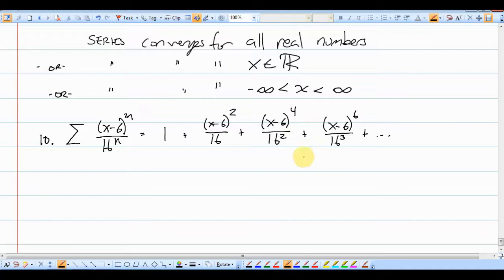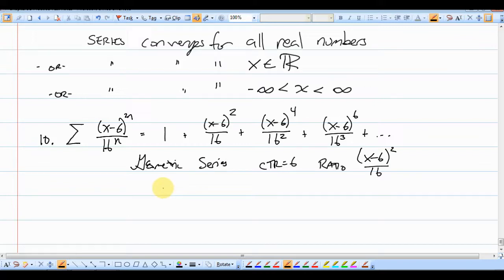So hopefully seeing it like this makes you realize you have a geometric series. It certainly looks like the center is 6, and the ratio is x minus 6 squared over 16.